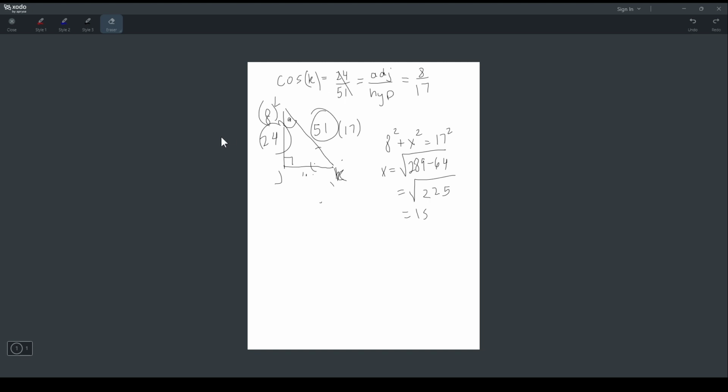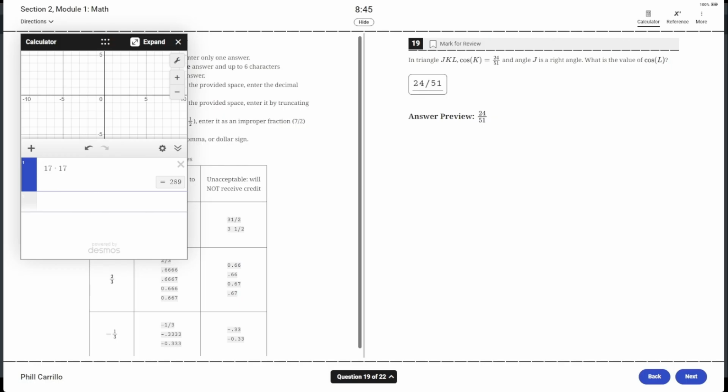Oh man, this is embarrassing. This is 24 and this is 45. Okay, so cosine L is 45 over 51.